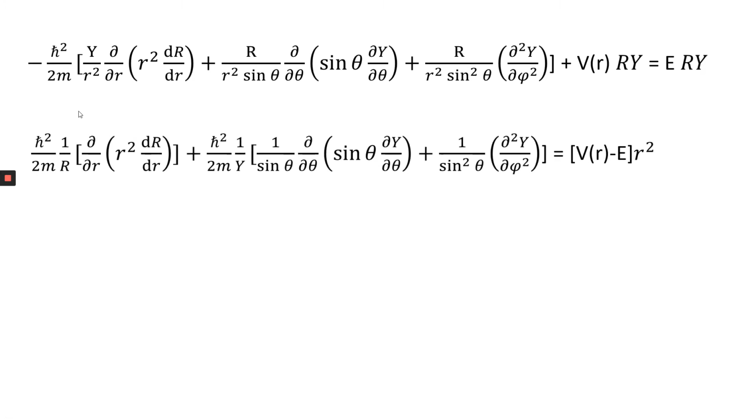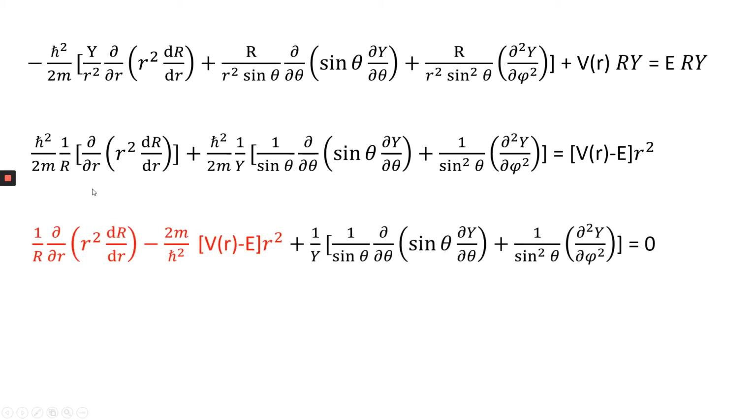Since we are only interested in the radial distance component, we want to regroup the parts in this equation that only depend on radial distance together into this red block. And the red block plus the black block is 0.